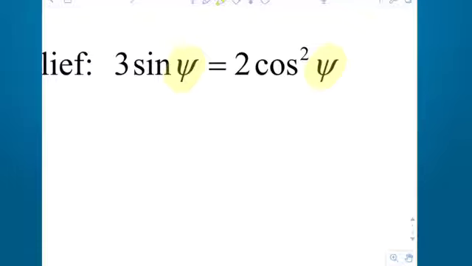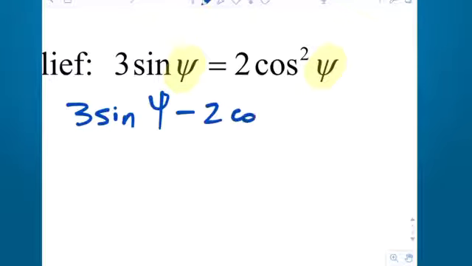How many variable terms do we have in this equation? 2, right? We have a sine on one side and a cosine squared on the other. They're not like terms. So anytime you have more than one unlike term in an equation, your goal is to get everything on one side and set it equal to 0. That's step number 2 then, once the angles are the same. So I'm going to go ahead and subtract the cosine squared, and I get minus 2 cosine squared of psi, and now it equals 0.